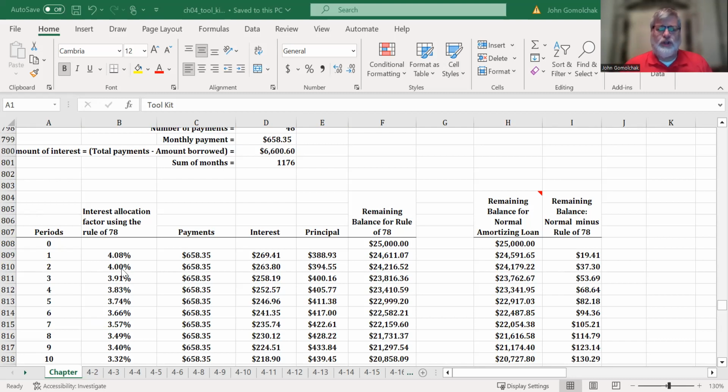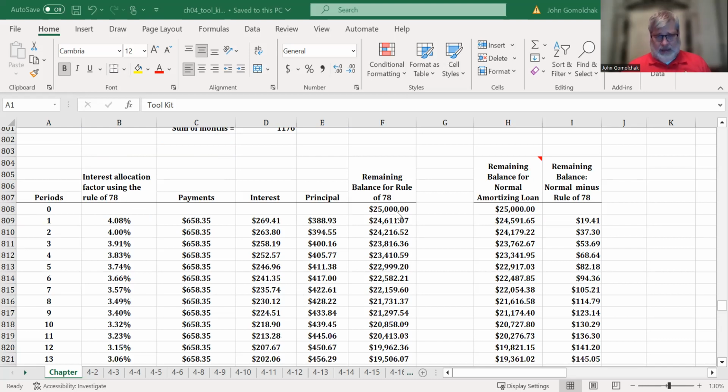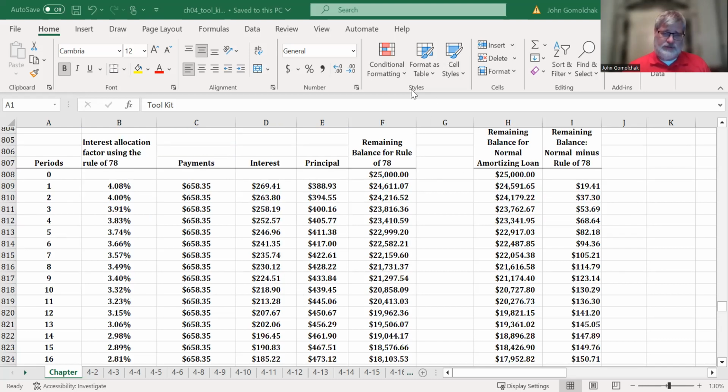So they're actually charging you a higher interest rate at the beginning of the loan, and then reducing the interest rate so that it averages out to what they say the rate is actually going to be. It's just abusive in my mind. But hey, you know what? You can get away with it.